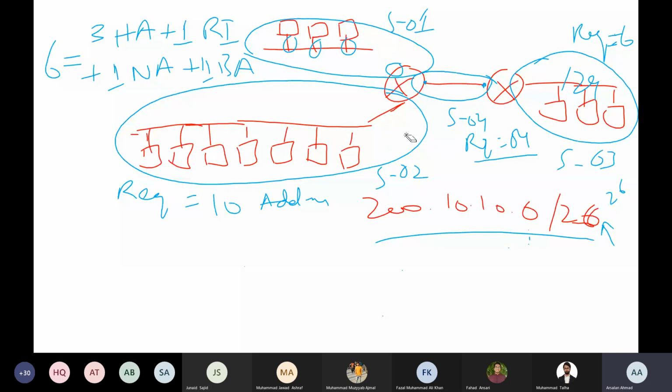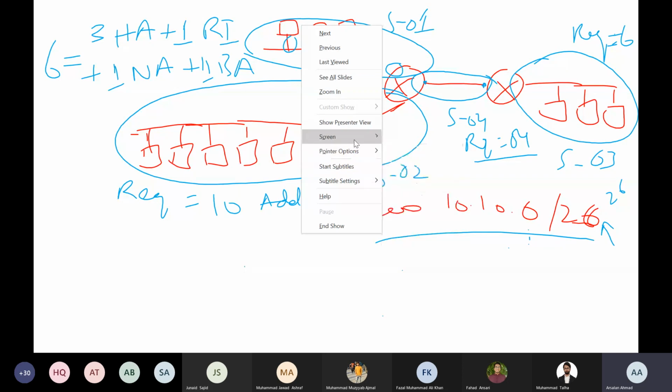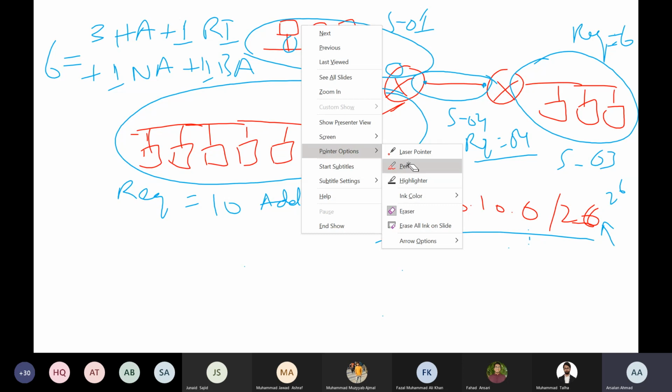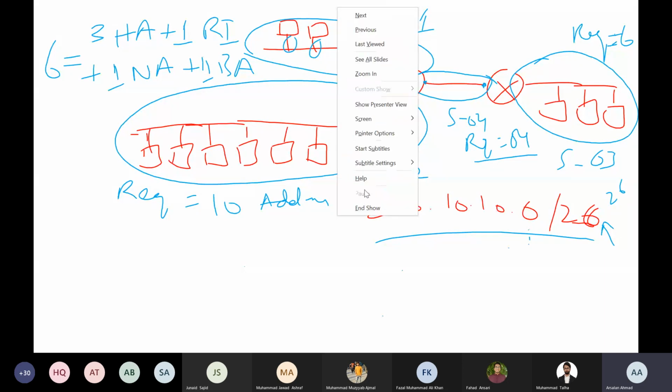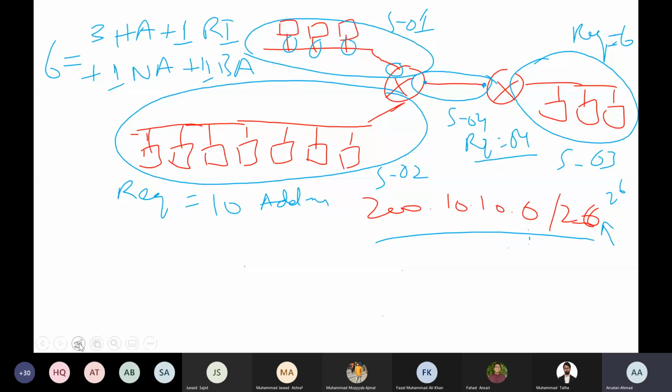I don't have to erase this because the slash notation will still remain the same even without following the rule. So this was a mistake. Let me draw it again. First I need to draw this, and let me write.